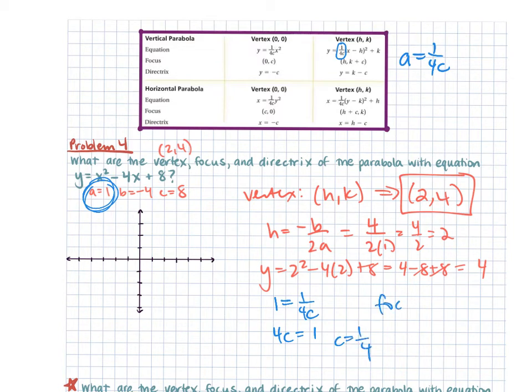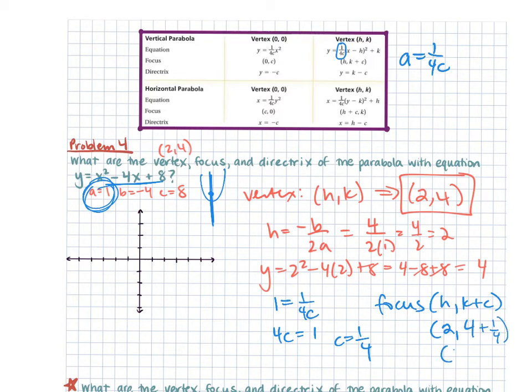So then the focus, and this is just a regular parabola that opens up. So the focus is going to be on the vertical line, not the y-axis. And remember here, it's going to be h, k plus c. So in this case, my h is 2, my k is 4, and my c is 1/4.